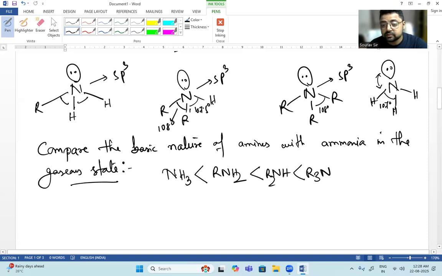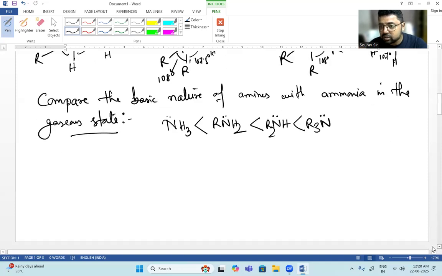This will be in the gaseous phase, but not in the aqueous phase.